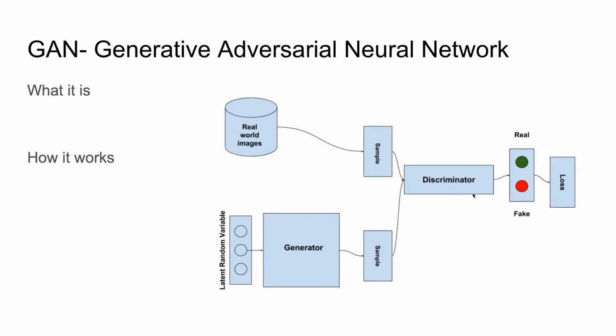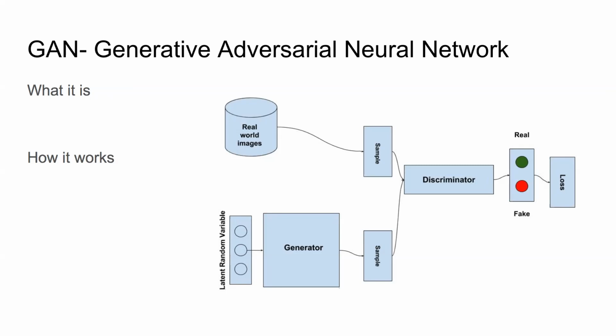So let's talk about how it works. Basically, you have two networks, a generator and a discriminator. The generator is trying to generate samples, and the discriminator is fed both samples from the generator and real samples. Its job is to distinguish or classify them.